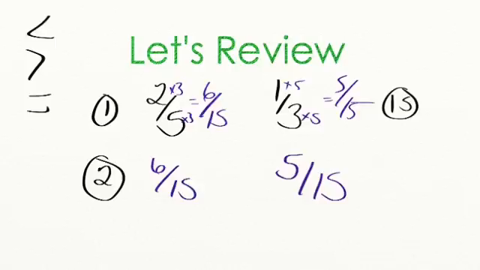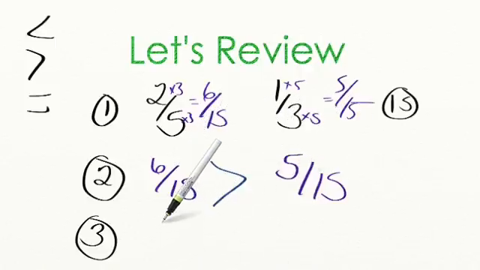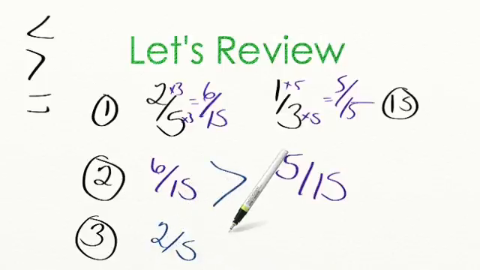And step 3. Once you have found the equivalent fractions, then you can go ahead and compare the numerators to see which one is larger. So you have 6/15 and 5/15. Since 6 is greater than 5, 6/15 is greater than 5/15, which means that 2/5 is greater than 1/3.